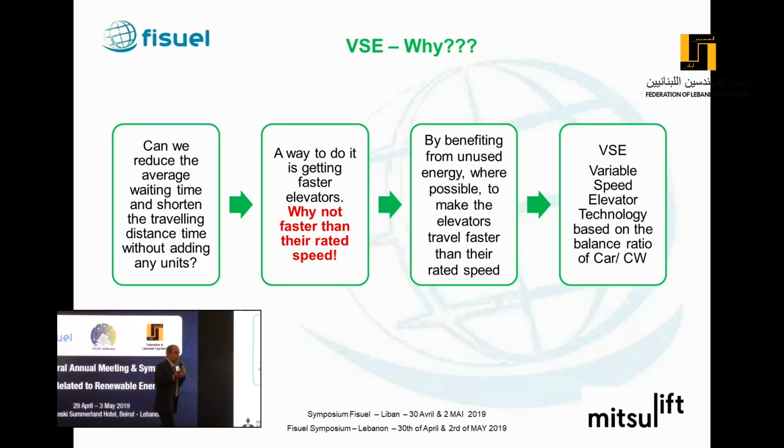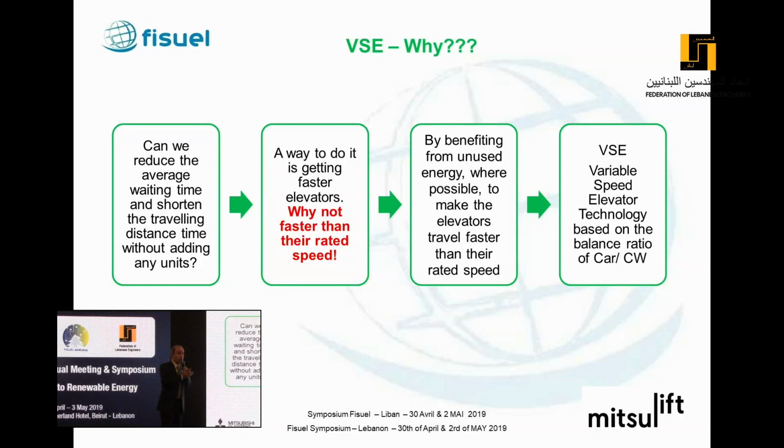Increasing the speed means responding faster to hall and car calls, so reducing the average waiting time and the car traveling time. So we'll be in need of fewer units to cover a building traffic study.